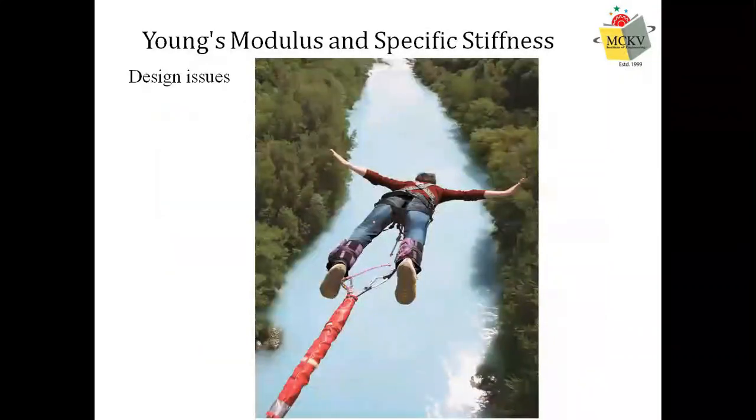Again, this one, if this is very stiff, then this particular spring will not deform, and this person will not reach the bottom, and it should not deform by very much so that it breaks. So again, these design issues are very important, and when you're dealing with design issues, the knowledge of Young's modulus of the material is very important.